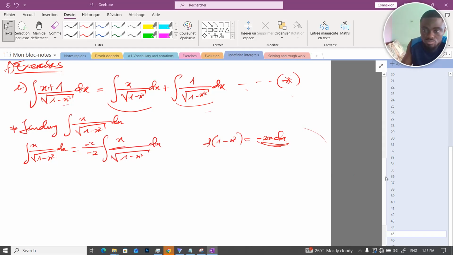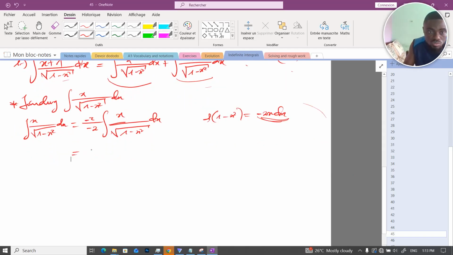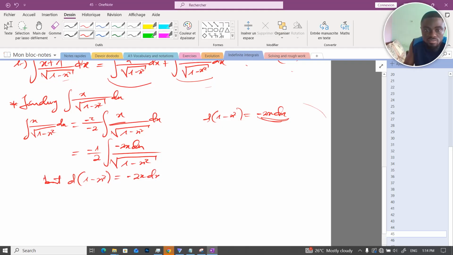Very good. So this will be equal to minus a half. This minus 2 will enter. Integral of minus 2x dx all over the square root of 1 minus x squared. Now, d of what is inside here, 1 minus x squared, is equal to minus 2x dx.